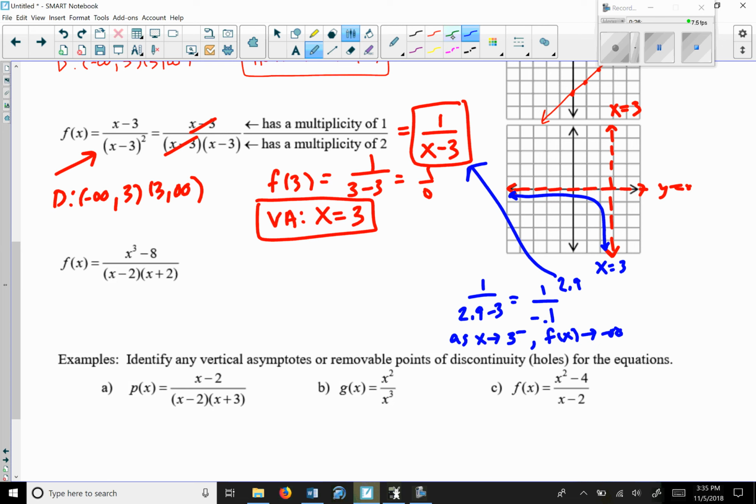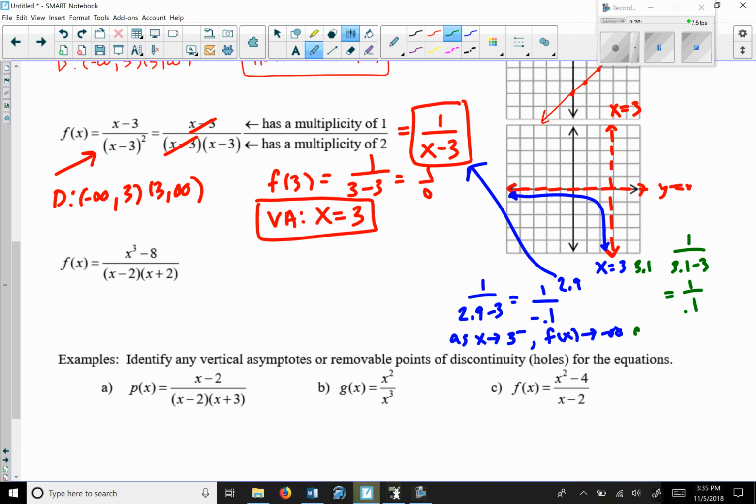So let's go ahead and look at the right side of 3. The right side of 3 would be a number such as 3.1. If I plug 3.1 into that equation, I get 1 over 3.1 minus 3, which is equal to 1 over 0.1. And again, now I have a positive divided by a positive number.